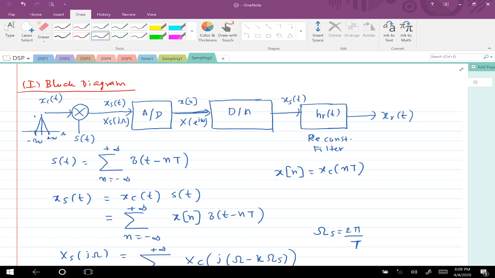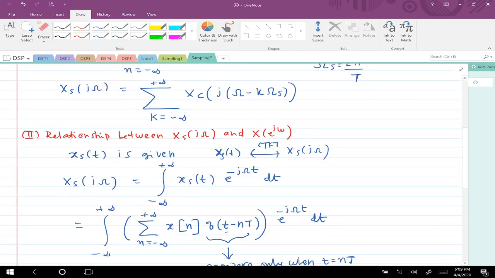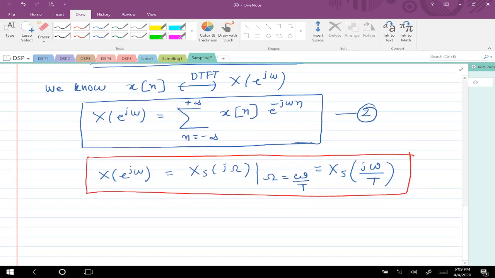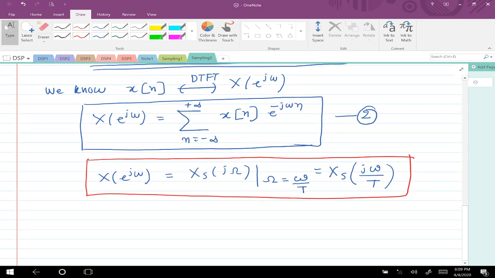Whereas when it comes to x of n, what happened to the axis? Instead of having 0, T, 2T, 3T, you now have 0, 1, 2, 3, 4. The time information is not there, isn't it? So if you keep that time information, that's essentially scaling by a value of T. If you scale it, that's what you would be getting here for X of e power j omega. So exactly that's what is happening here. Now X of e power j omega is equal to Xs of j times omega by T.